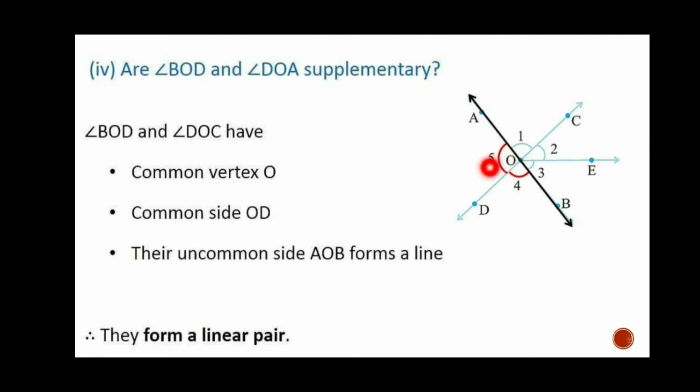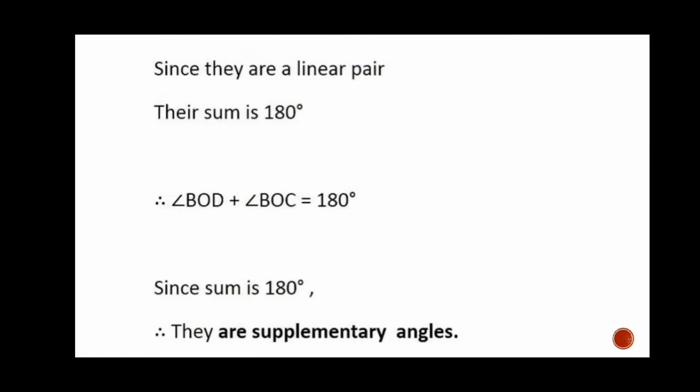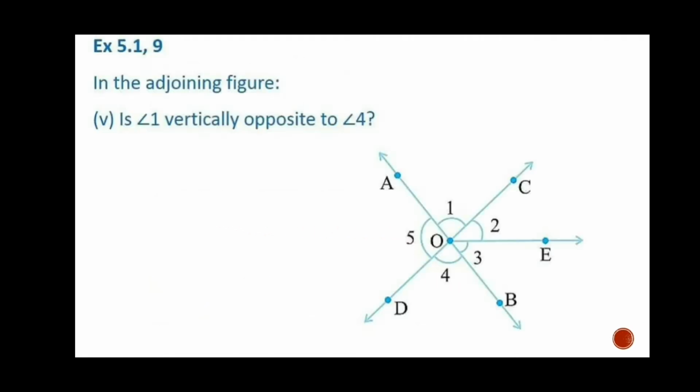It means they are making a complete 180 degrees, so they are forming a linear pair. Since these angles are a linear pair, their sum is 180 degrees, and if the sum of two angles is 180 degrees, we can also say that these angles are supplementary. So hence angle BOD and angle BOC are supplementary angles.